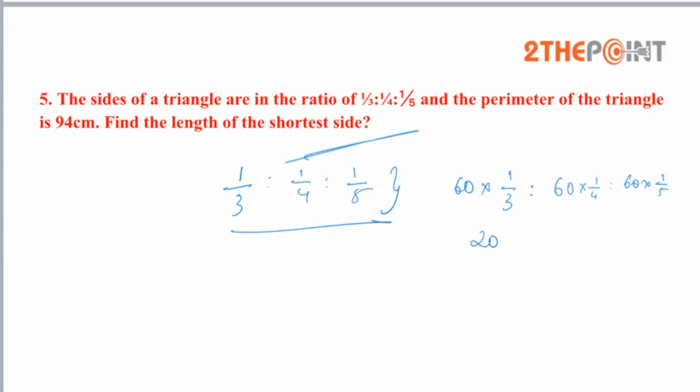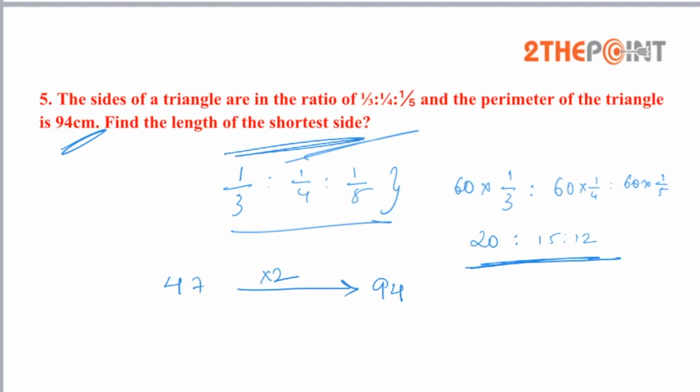You get 20:15:12, which is the ratio of the sides of the triangle. Add these three, 20 plus 15 plus 12, which equals 47, and the given perimeter of the triangle is 94 centimeters. So 94 divided by 47 is 2. They have asked us to find the shortest side. The smallest number will be the shortest side, that is 12. Multiply 12 by 2, you get 24, which is the shortest side of the triangle.